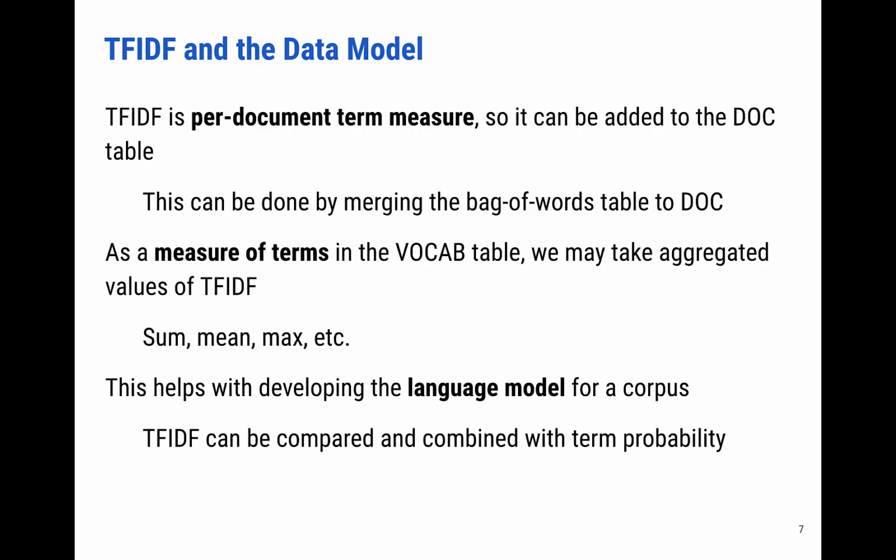So in terms of how TF-IDF fits into our data model, I just want to point out a couple of things. Keep in mind that TF-IDF, because it was designed originally to talk about the significance of a term in a document, is a per document term measure. So the results that you get from a TF-IDF analysis can be mapped onto the doc table in the data model that we talked about last week.